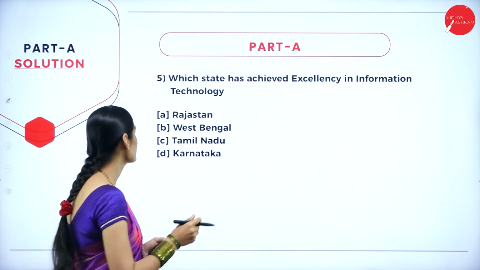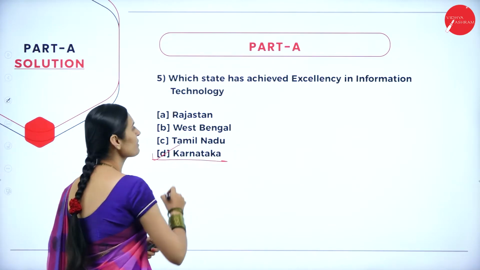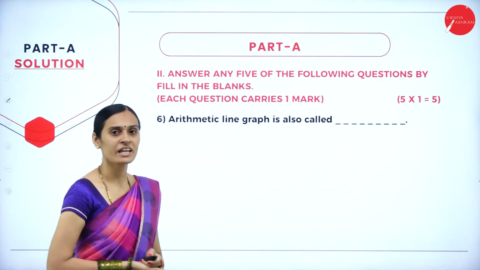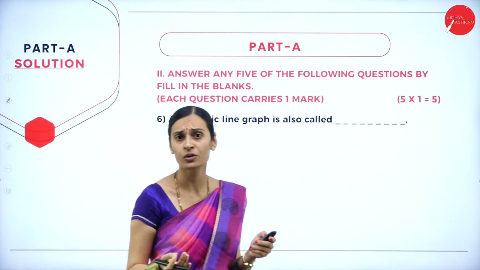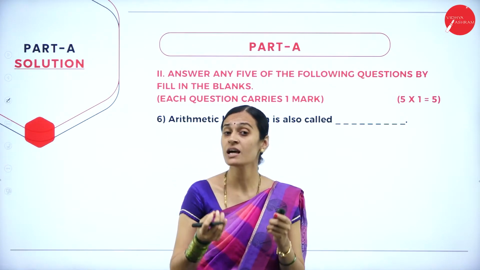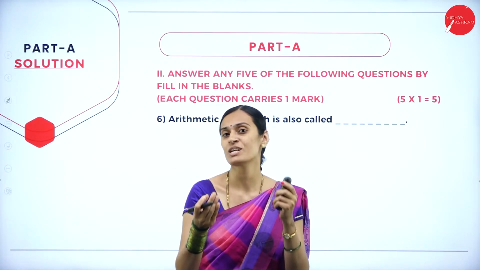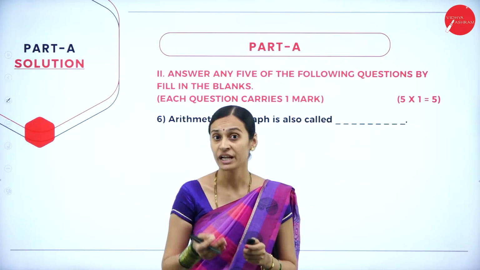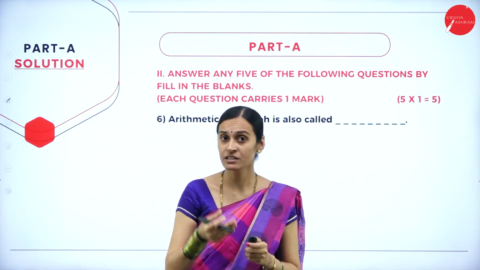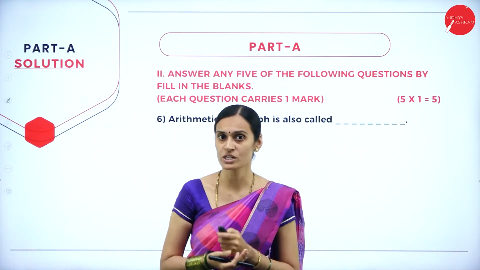Karnataka is the answer for this question. In Part A, observation is very important for choosing the answer in multiple choice questions. Just check once what you are going to write. That is the important matter for cracking multiple choice questions.